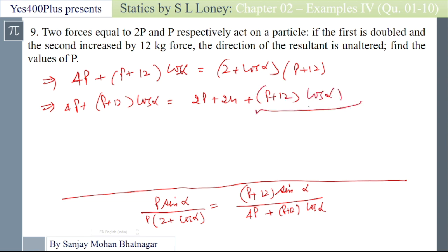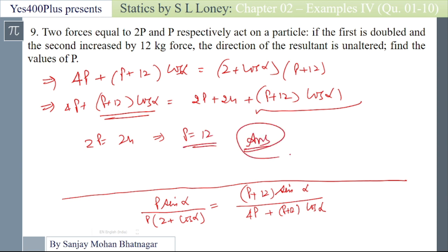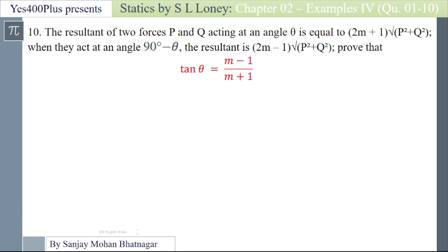Okay, so this is cancelled out by this. So we have 2p equal to 24 means p equal to 12. Answer. Simple.